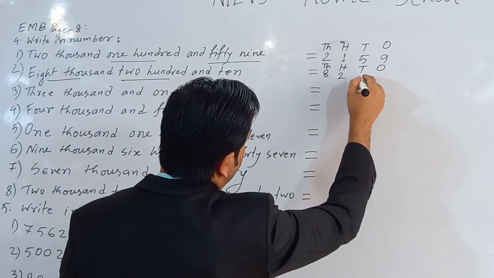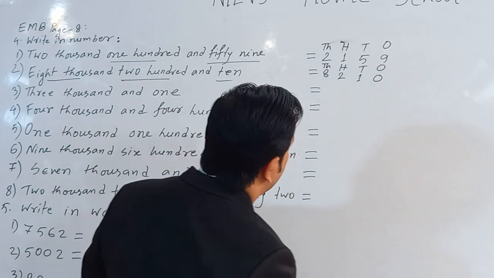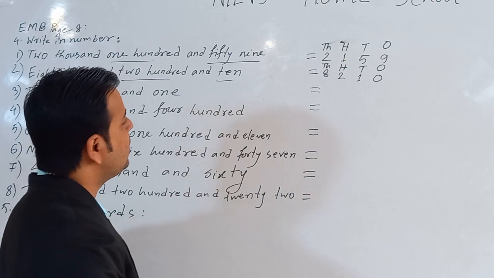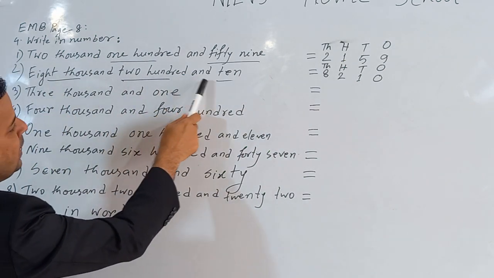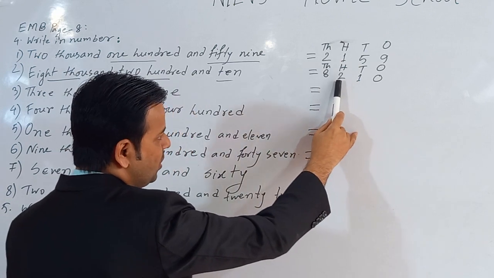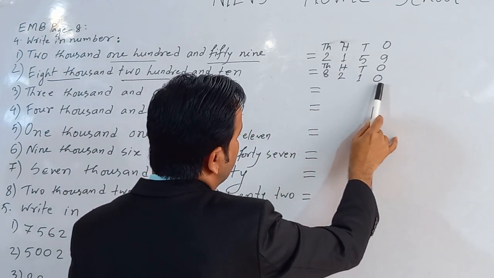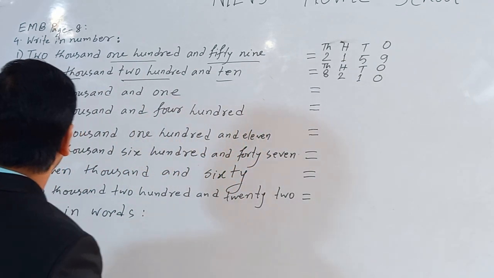To write 10, we have to write 1 in tens position and 0 in ones position. Okay, dear students, so we can say this is 8210. 8 is in thousands position, 2 is in hundreds position, 1 is in tens position, and 0 is in ones position.